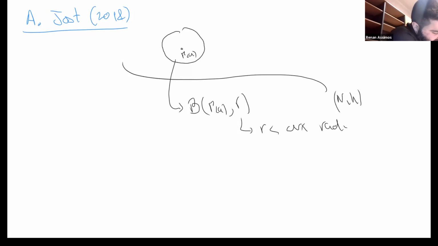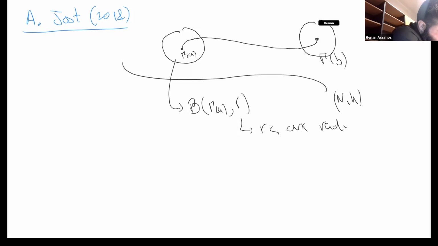Then I suppose that there exists some smooth curve gamma in my manifold, where the final point is gamma B, and at each point of the curve I will consider the ball. So I will construct a region more or less like this.